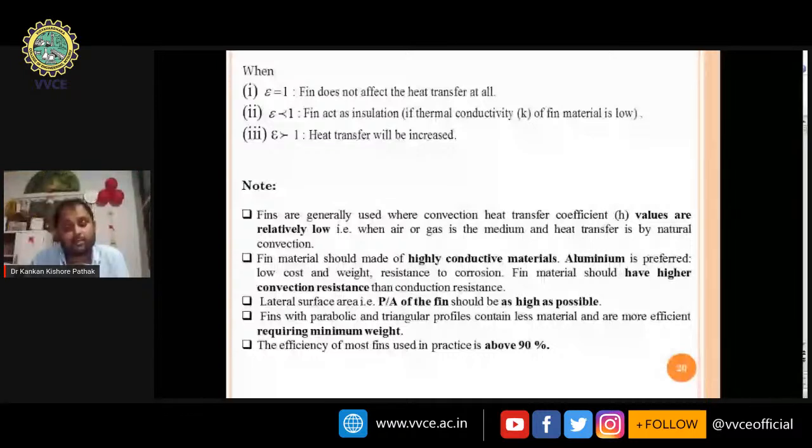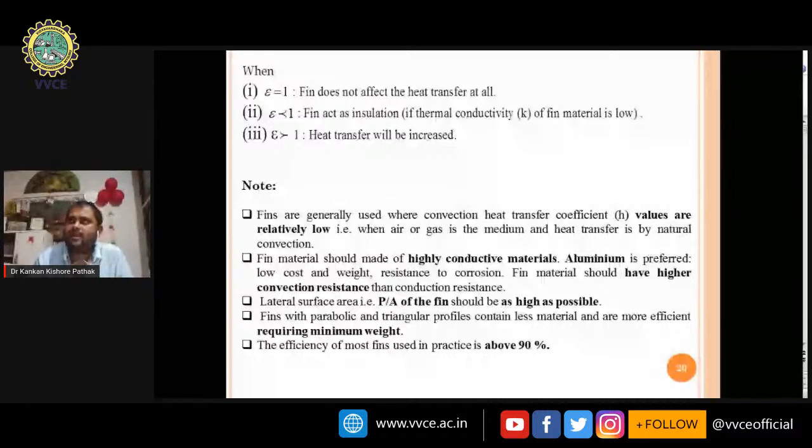In the case of the gas, the heat transfer coefficient is higher, so if we add the extended surface within the cylinder, it won't serve any usefulness. But if we add it on the outside of the cylinder that is exposed to the air, that may be very useful. And again, we can say that fin materials should be made of highly conductive materials.